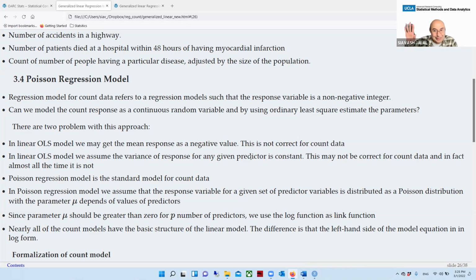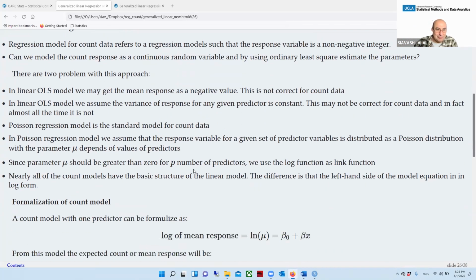Again, I said normality is not a big issue. This one is really a big issue because then the standard errors of the parameter estimates are not going to be valid. So that's why we prefer to use this type of model. Again, Poisson is a standard, so usually we start with Poisson.